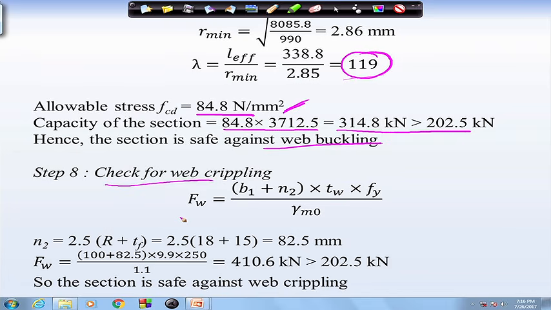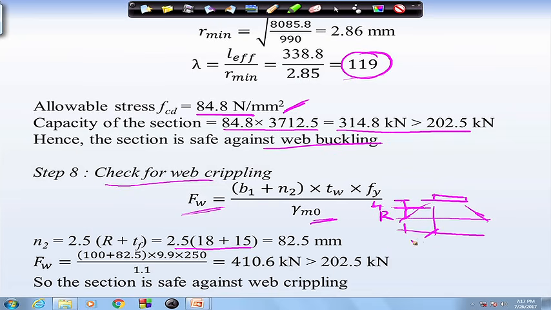So, crippling strength also we can find out. Fw is equal to B1 plus N2 into Tw into Fy by gamma m0, and N2 will be calculated with a dispersion of 2.5:1. If this is the web thickness, this is the flange thickness Tf, and this is the root radius, then up to this point will be N2.